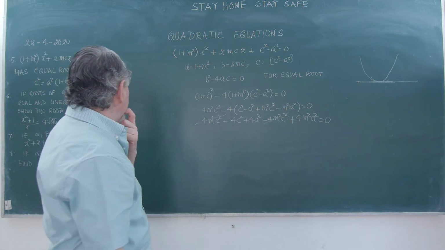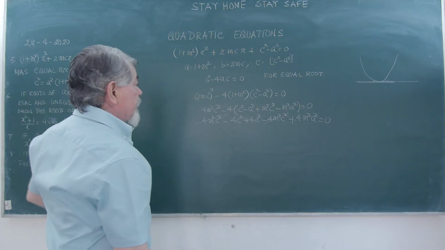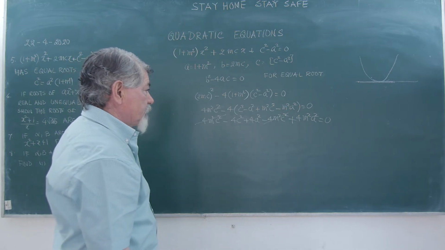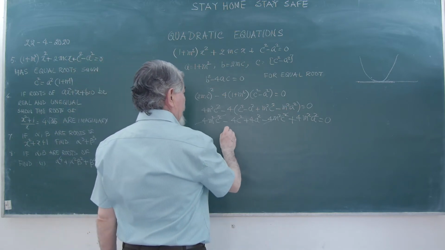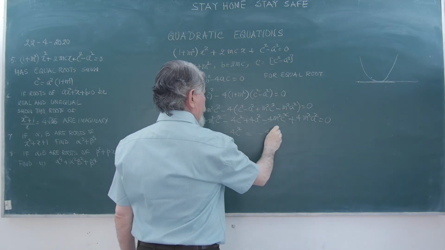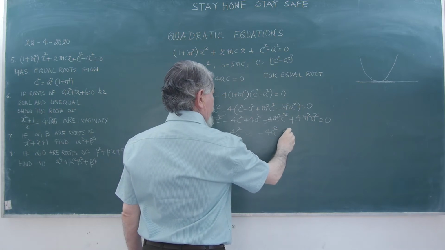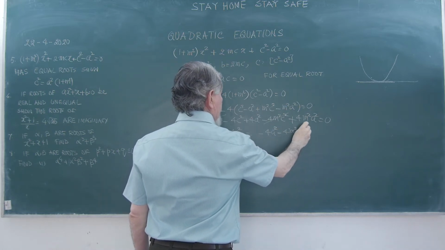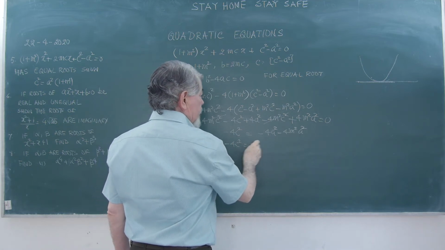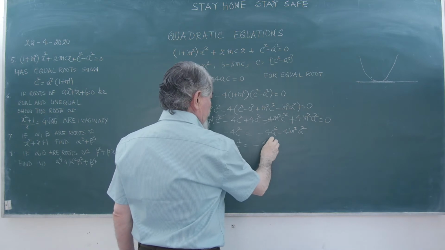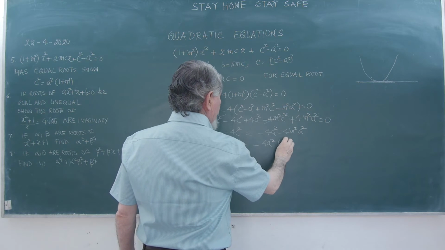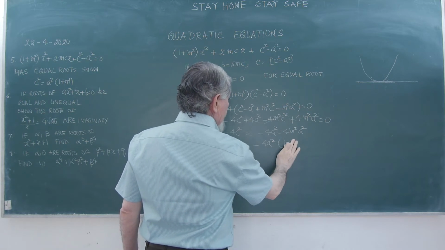What do I get? I have to get the answer in the form of c square. So I must keep c square on one side, and the remaining terms should be transferred to the other side. So I keep minus 4c square here, and it will be equal to minus 4a square minus 4m square a square. Now take minus 4a square common, it will become 1 plus m square.